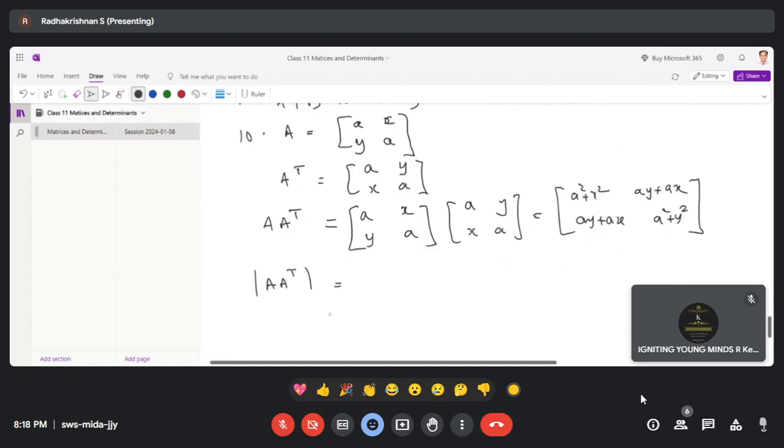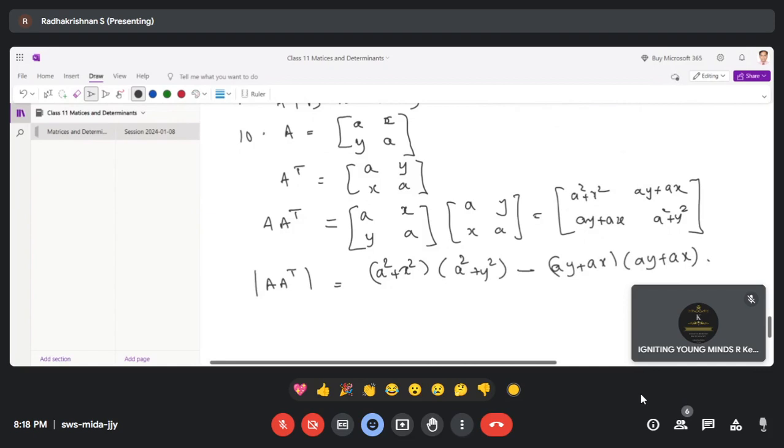So what is the determinant of this matrix? (a square plus x square)(a square plus y square) minus (ay plus ax)(ay plus ax). This is where A transpose. Okay.